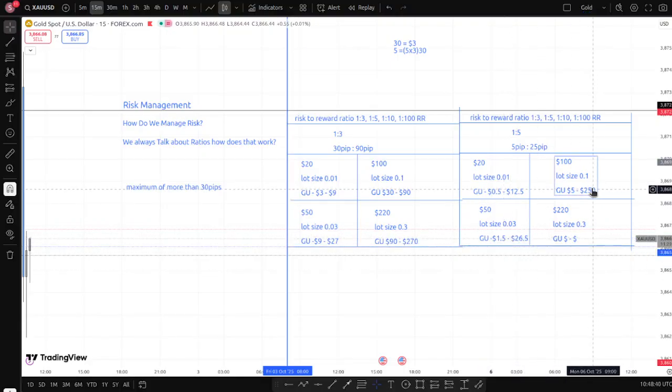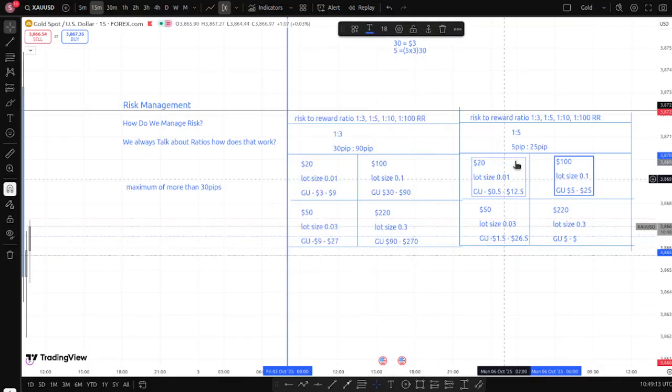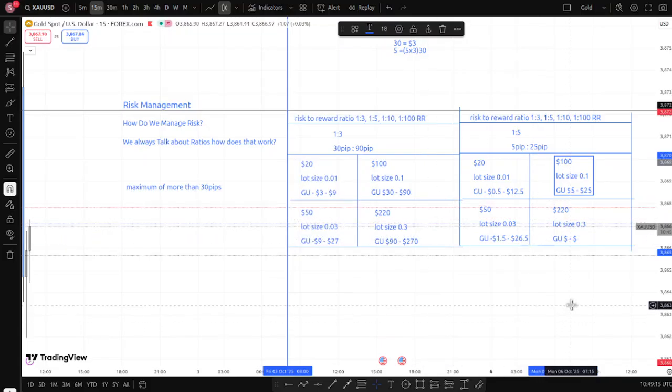Hapa ndio niliuma nje kidogo. Tuweke hii. 525 itakuja kidogo. Actually iko sawa 250. Hiyo ni 100 pips. 1.5 iko sawa. Yeah, iko sawa sasa.